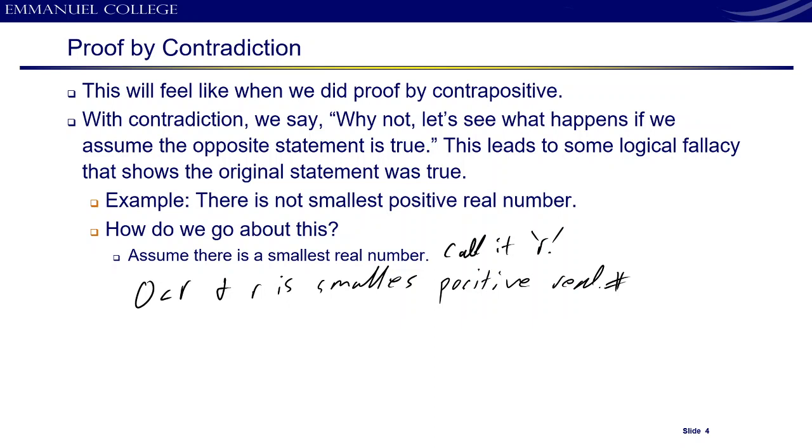If I do 1/2 of r, that's still positive. So that's going to be greater than 0. But because it's half of r, it's going to be less than r. And this is still a real number, because a rational number times a real is still going to be a real number.